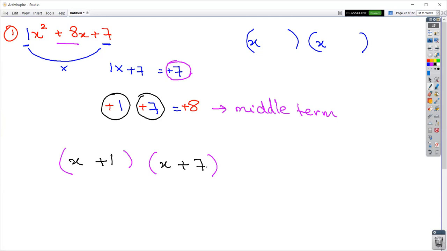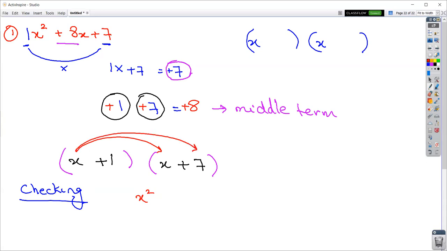There's a way to check the answer: when you expand these brackets, you should get the original expression back. I'm going to show you the first example with the checking as well. To check this, you need to expand out the brackets. In my previous video, I explained how to expand double brackets. So you multiply the first term with the first term: x times x makes x squared. Then the first with the second term: x times 7 is 7x.